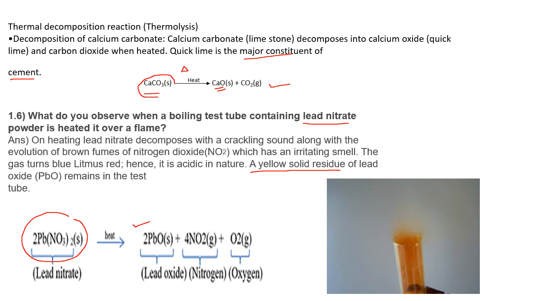You will find it will remain in the test tube, and there is something which is coming out in a form of a gas, that is nitrogen dioxide as well as oxygen, right? Nitrogen dioxide, it is in a form of a gas which is brown in color, right? So brown fumes of nitrogen dioxide you will see, and it has a very typical irritating smell. So this is how you can identify the nitrogen dioxide.